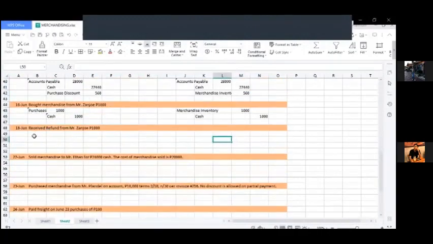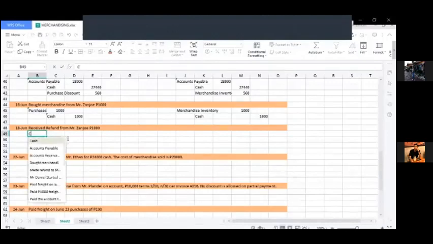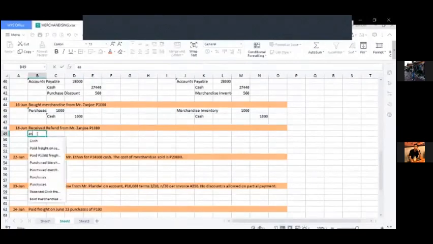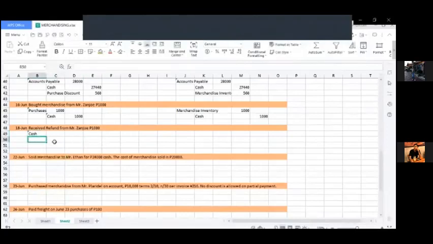So, June 18, receive refund from Mr. Sanjo, 1,000. So, naka-receive tayo ng refund. So, meron tayong cash, pabalik yung cash natin, and meron tayong purchase return.